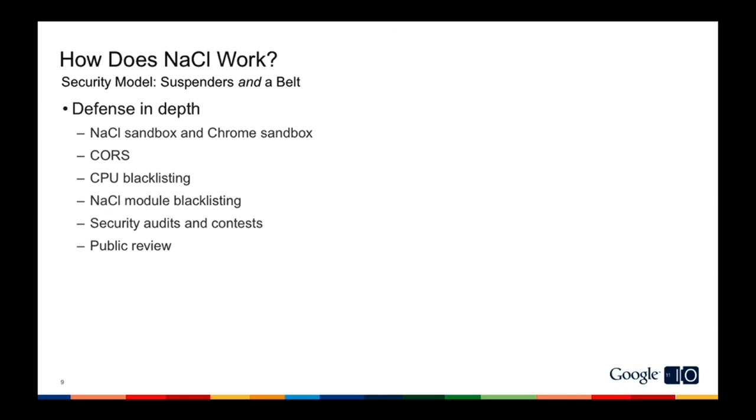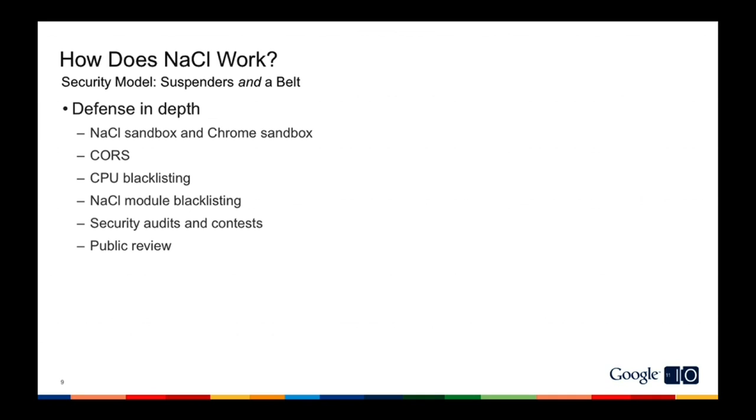We do things like implement CORS, so our URL download and HTTP request stuff all works with that. We can blacklist CPUs. Certain CPUs have instruction sets that are known to be buggy. It's pretty rare nowadays, but we can do that. You can blacklist NACL modules. This is the same thing as blacklisting a URL, right? Because, as we'll see later, this is just a web app.